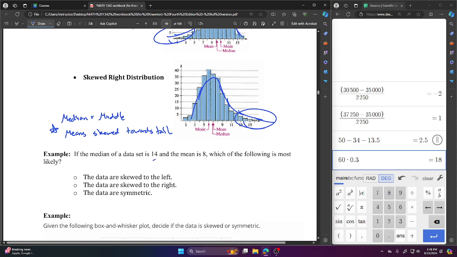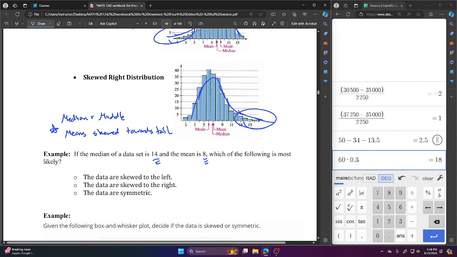If the median is 14 and the mean is 8, is it skewed? I would say heavily. If the median is 14 but the mean is 8, those should be almost the same number. Something is way wrong. Remember that the mean is always skewed towards the tail. So would it be left or right? Which one do you think?